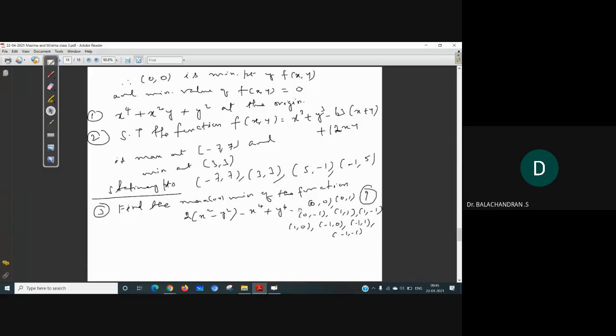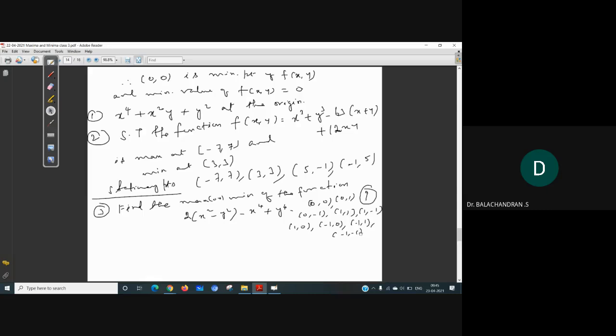For this function, totally 9 stationary points: 0, 0; 0, 1; 0, minus 1; 1, 1; 1, minus 1; 1, 0; minus 1, 0; minus 1, 1; minus 1, minus 1.